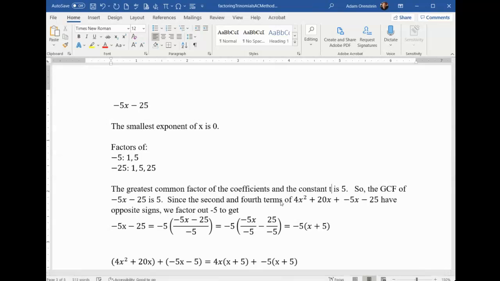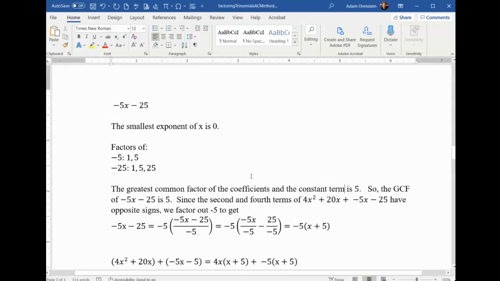So the GCF is going to be 5 times x to the 0, because the smallest exponent of x is 0, but we just get 5.